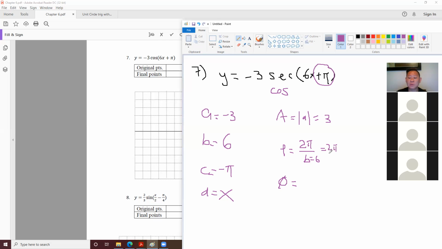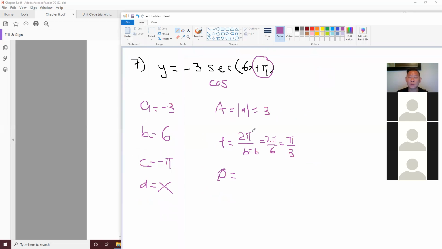Can someone reduce 2 over 6? 1 over 3. So it's pi over 3. Yep, pi over 3. So what happened is that the period of the cosine wave used to be from 0 to 2 pi. Now it's going to be from 0 to pi over 3. So it shrank.